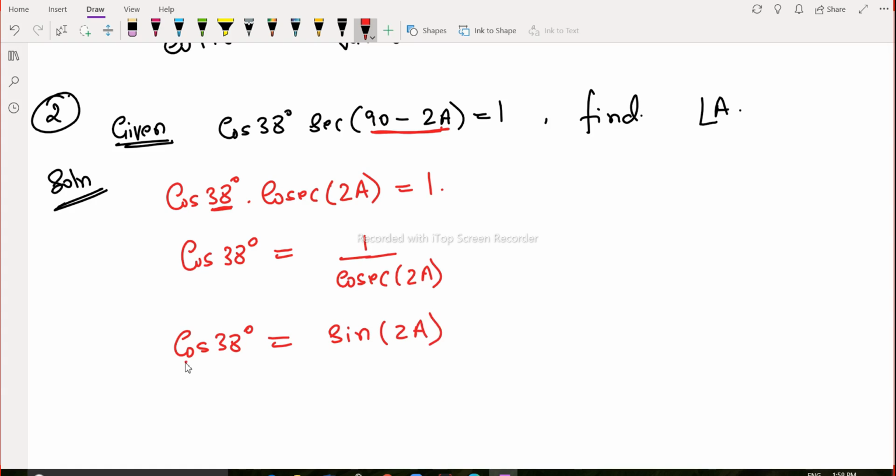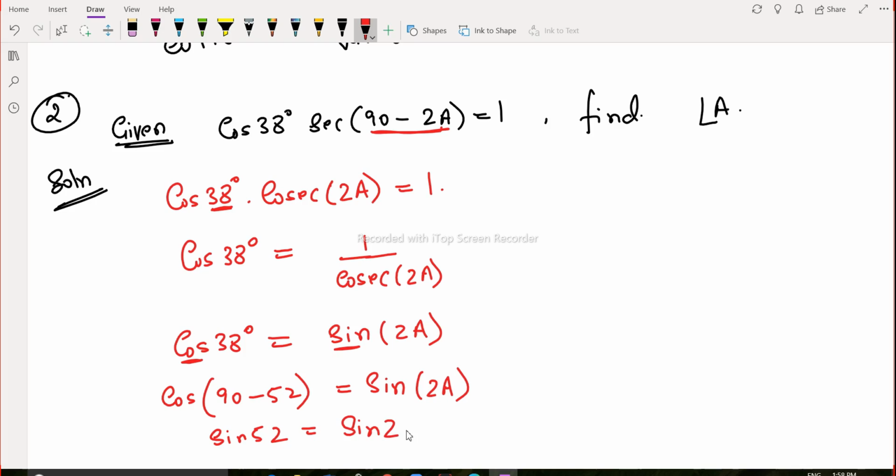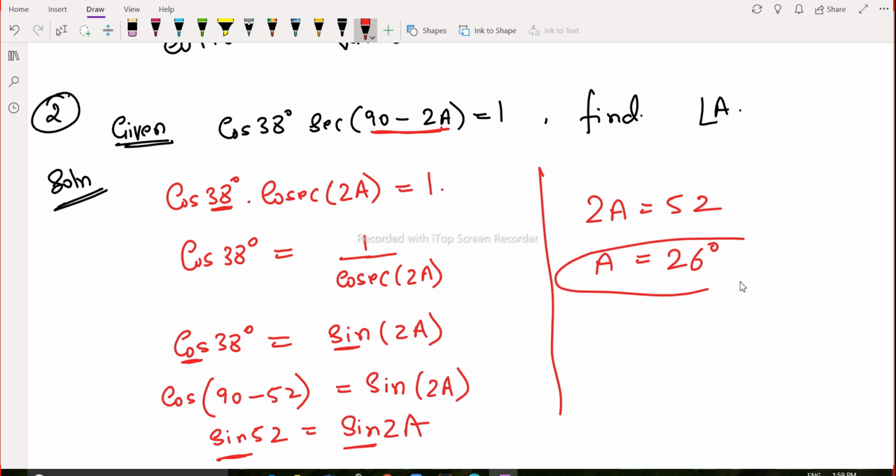Now, since on both sides we have different functions, for cos, I can write cos 38 as cos of 90 minus 52. Now, cos 90 minus theta gives you sine theta. So that is sine 52 is equal to sine 2a. Now, on both sides we have the same function. So we can write 2a is equal to 52. We get the value of a is equal to 26 degrees.